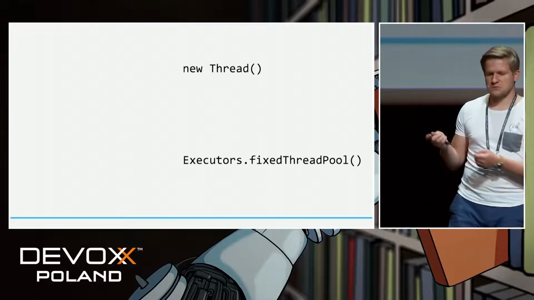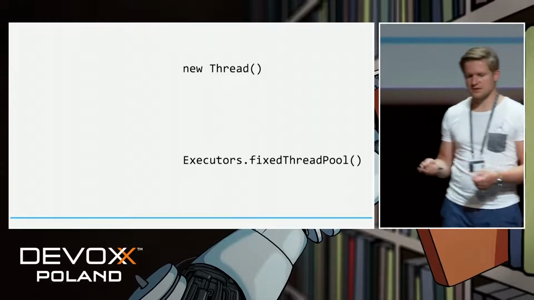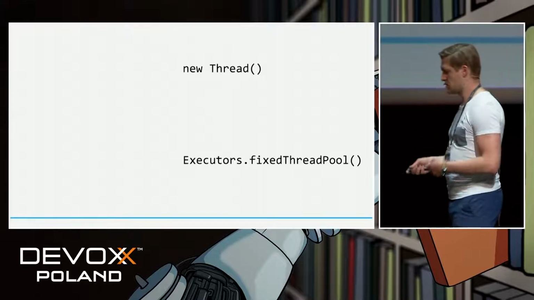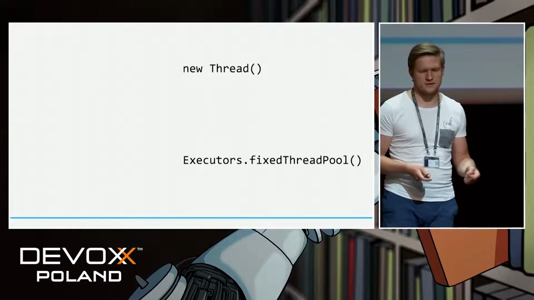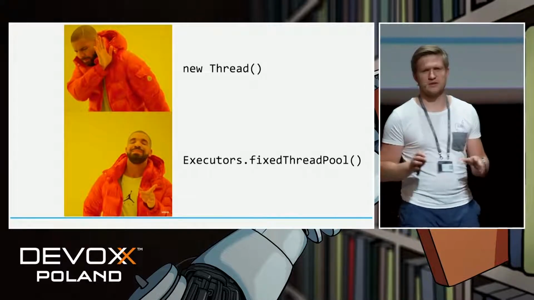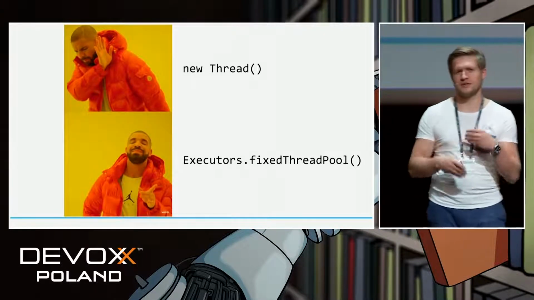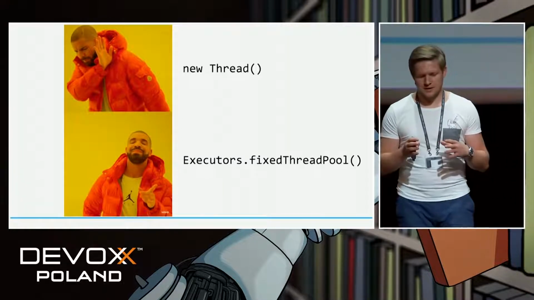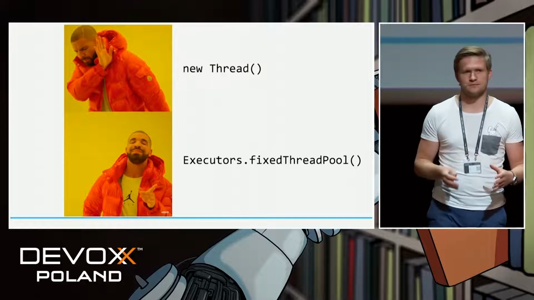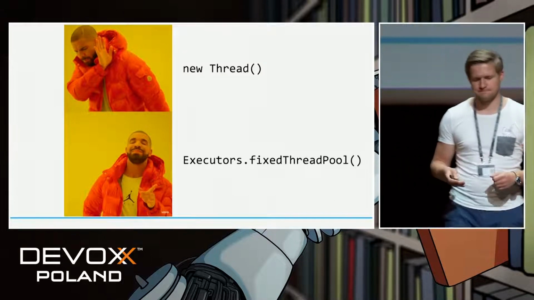So, as I already told you, creating a new thread has its costs. So probably we don't want to use it. As with all resources that are costly to create, we would like to pool them, keep them in a pool, and cache them for later.